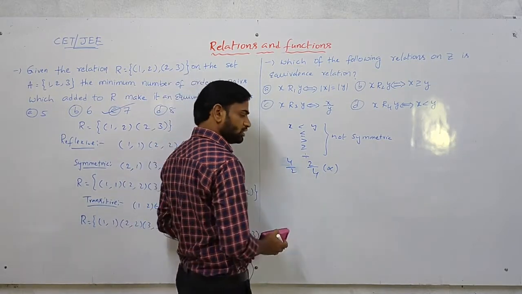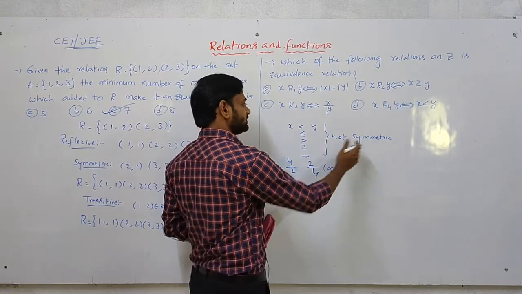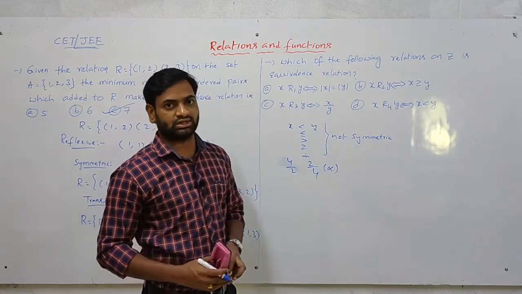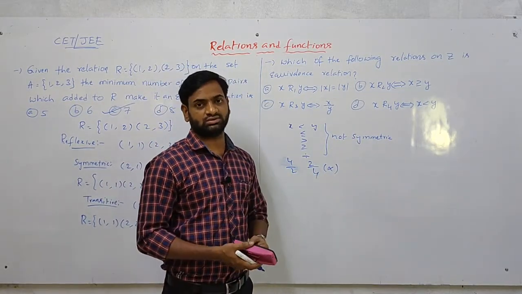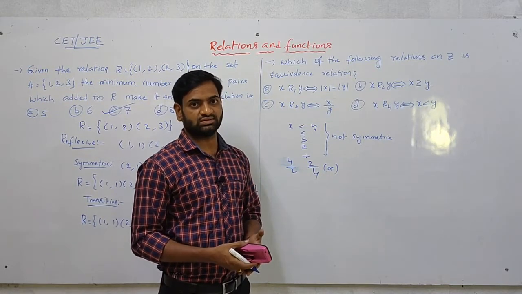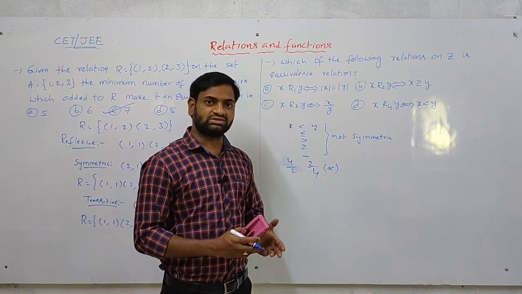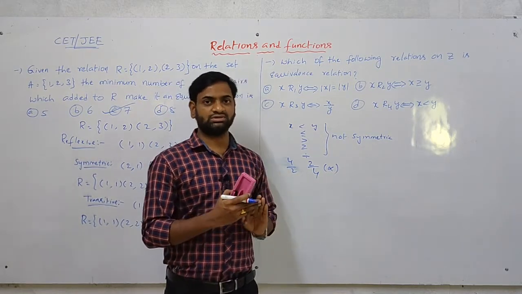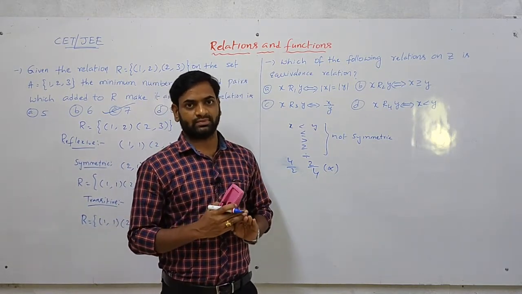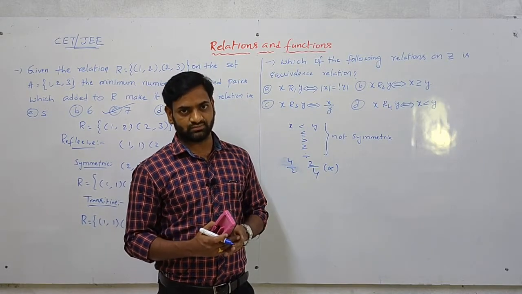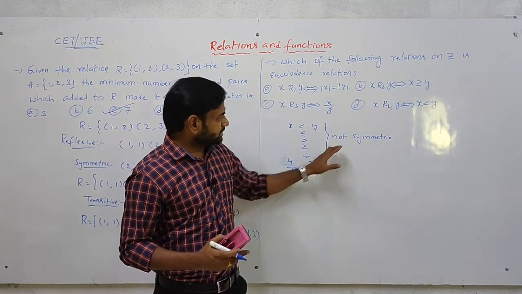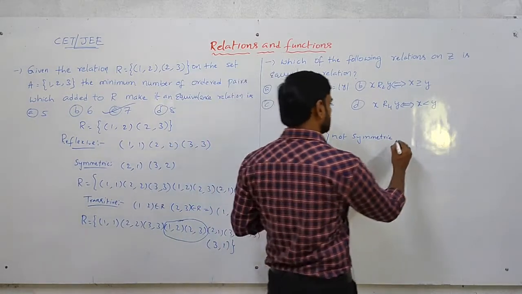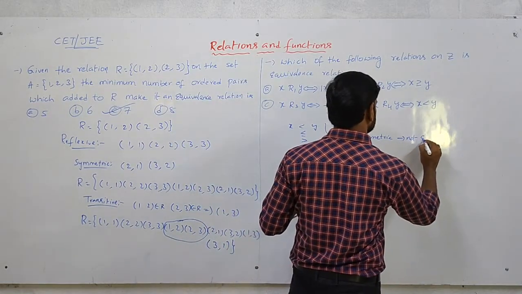So it is wrong. That's why it is not symmetric. When it is not symmetric, it is not equivalence, because equivalence compulsorily means reflexive, symmetric, transitive. Out of these three properties, if any one fails, it is not an equivalence relation. So it is not symmetric. Not symmetric means not equivalence.